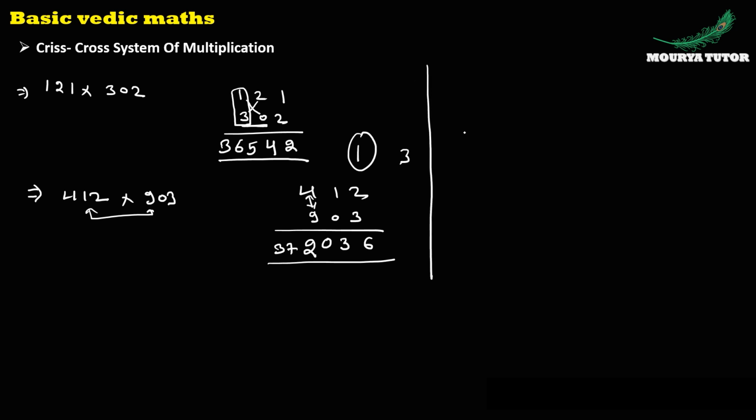So what we have done till now, we have 3 digits, right? In the first step we did multiplication between these two numbers. In the second step we did the multiplication crosswise.